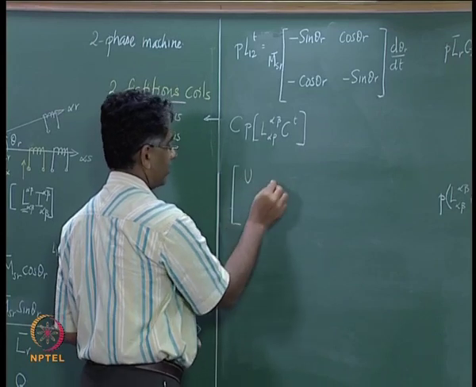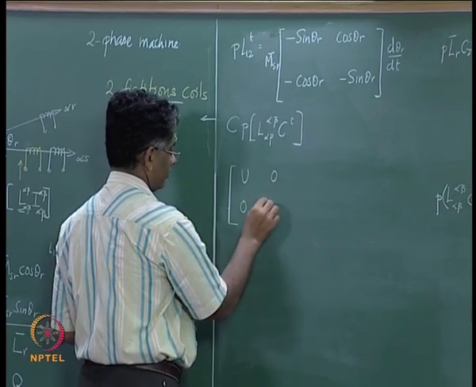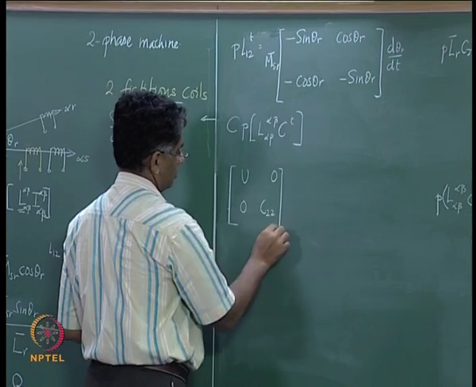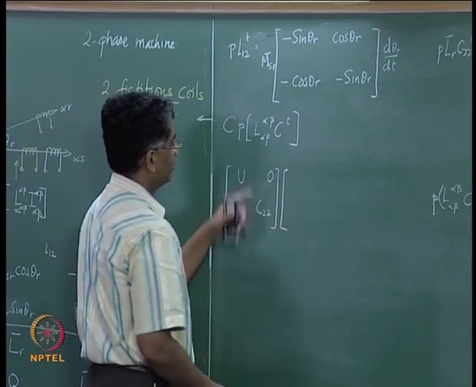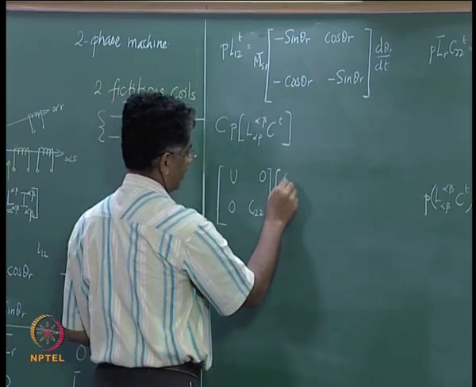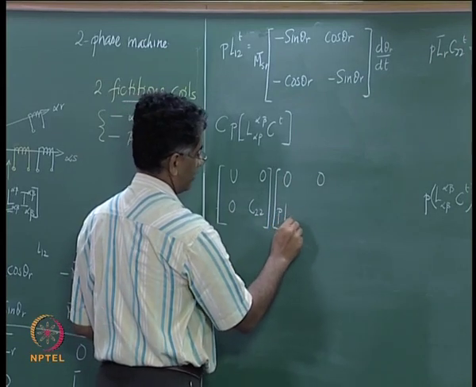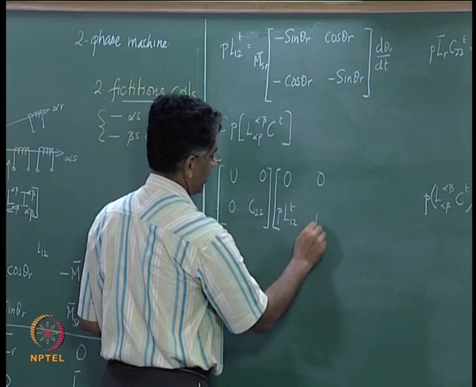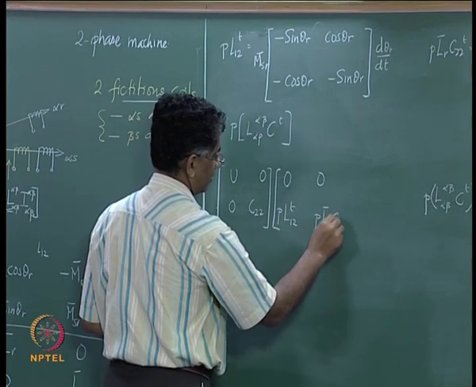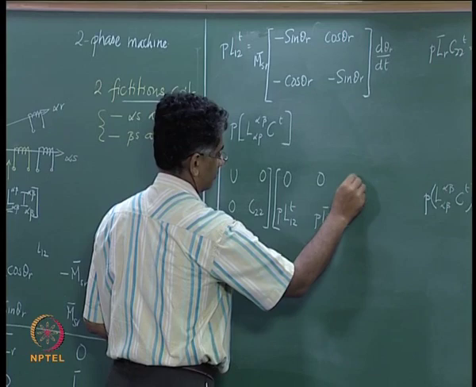C is identity matrix 0 0 C22 multiplied by the derivative of this, as we have already written down, the first two terms are 0, and then you have P L12 transpose, and then you have P LR bar C22 transpose.